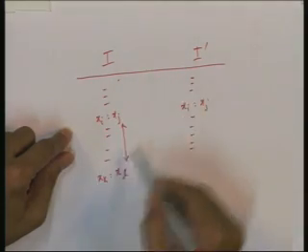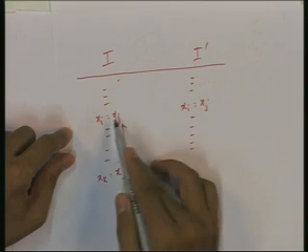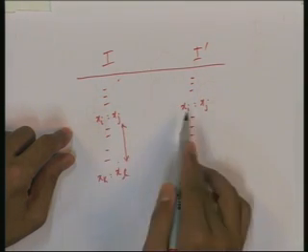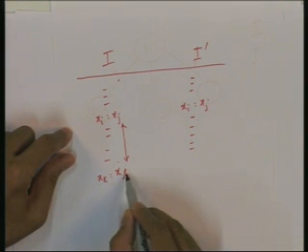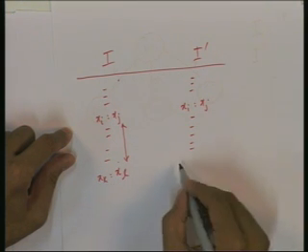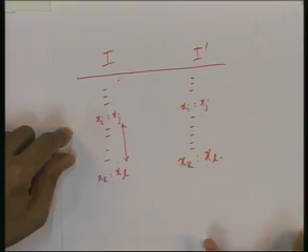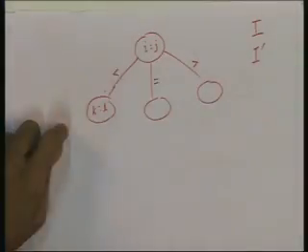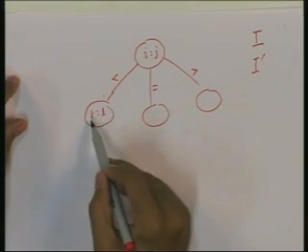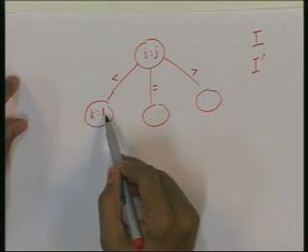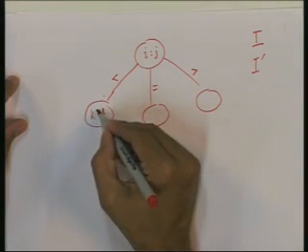So during this entire portion and this entire portion, wherever there have been comparisons, the comparison outcomes have matched, and therefore the instruction which is going to be executed over here is going to be exactly the same. And therefore, we will also compare xk and xl over here. So which means even for this instance I prime, xk and xl will be compared, and therefore we can put down the label of this node as k compared to l.